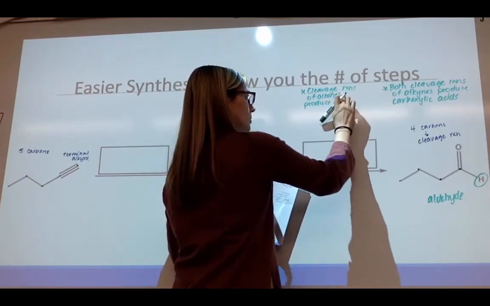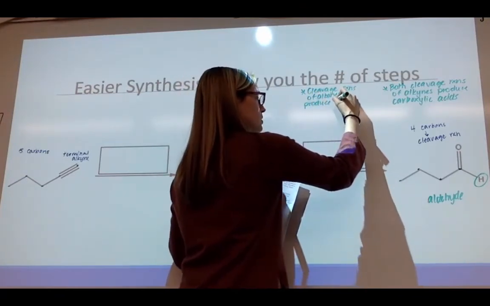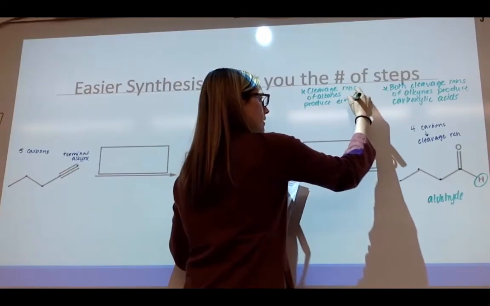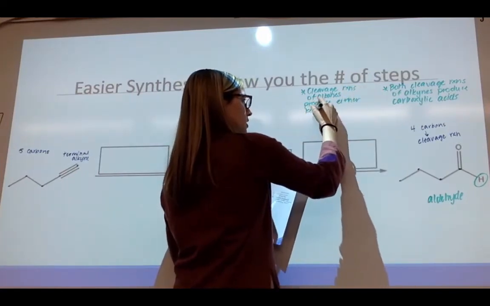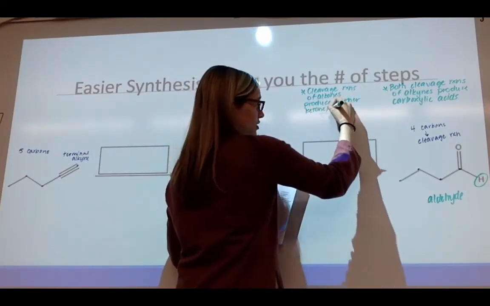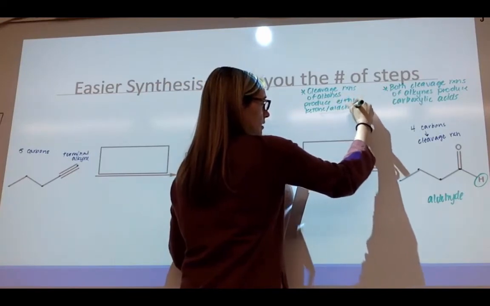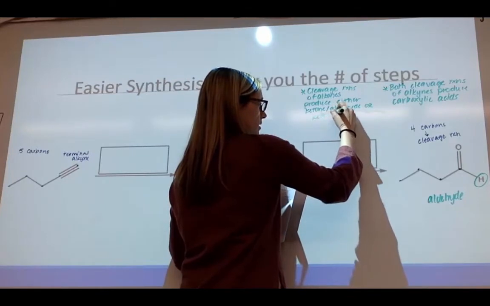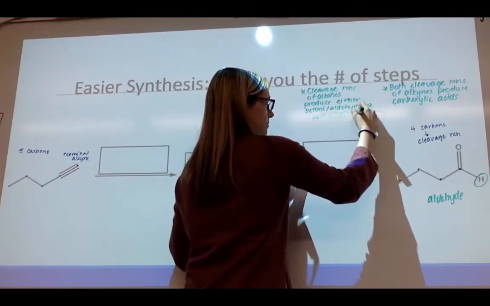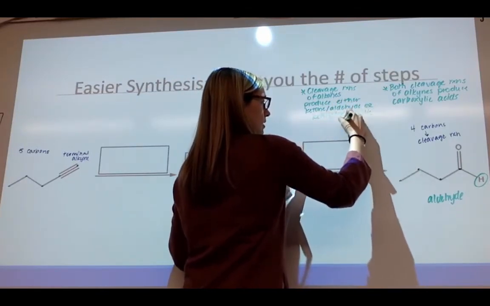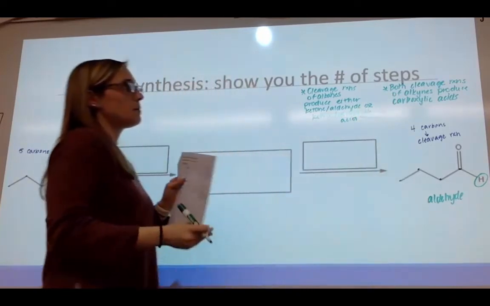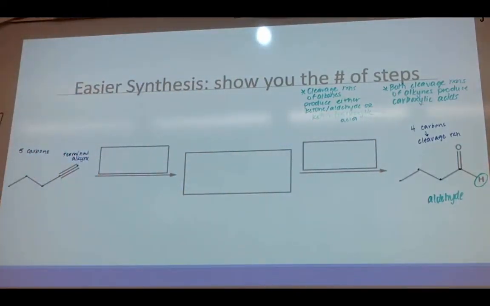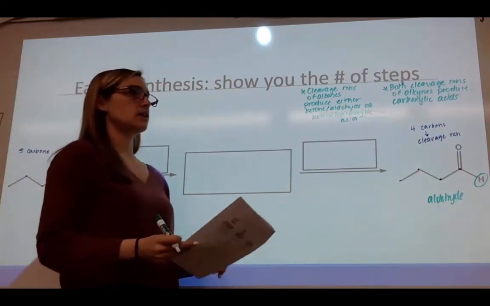They produce either ketone/aldehyde or ketone/carboxylic acid. So the cleavage reactions of alkenes will produce something different from the cleavage reactions of alkynes.